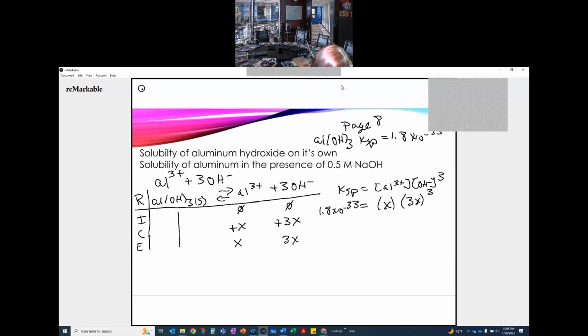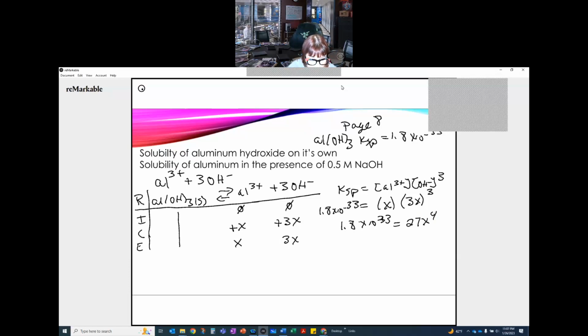Okay. So if I do this simplification, I have 1.8 times 10 to the negative 33rd is equal to X times 3 times 3 is 9. 9 times 3 is 27. So 27X cubed times 1 more X is X to the 4th. Okay. So that's my simplification there.